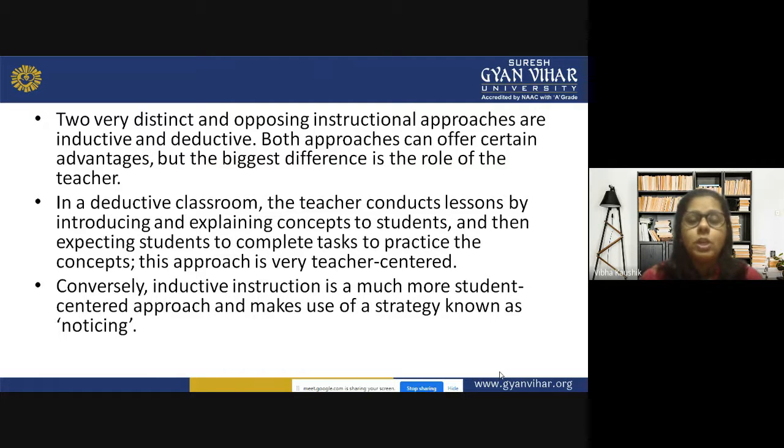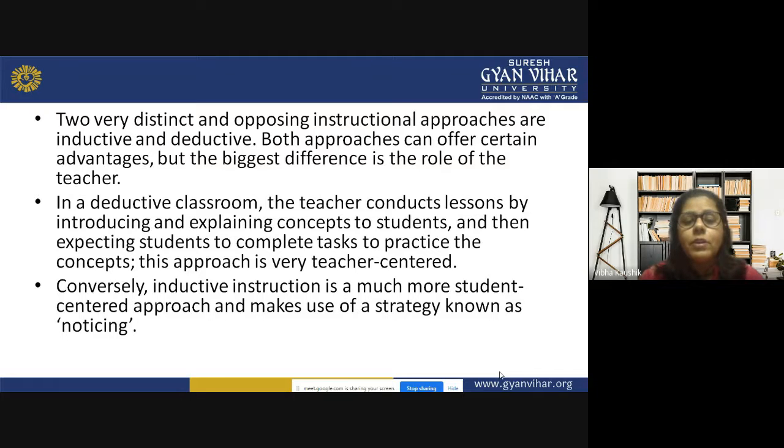First, the teacher introduces and explains concepts to students, and then expects students to complete tasks to practice the concept that they have learned. This approach is very teacher centered. So it's a deductive approach, but it's a teacher centered approach.